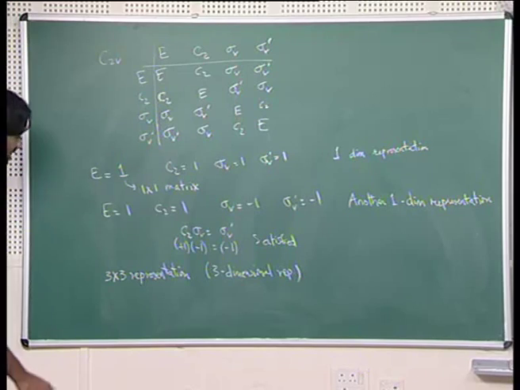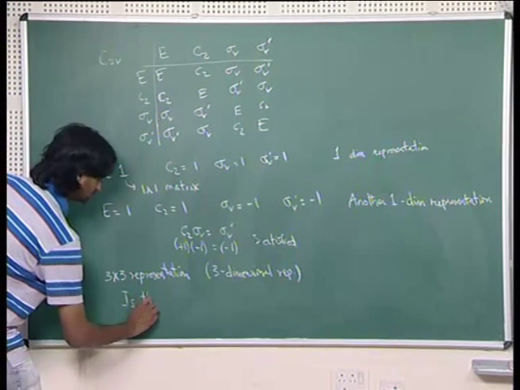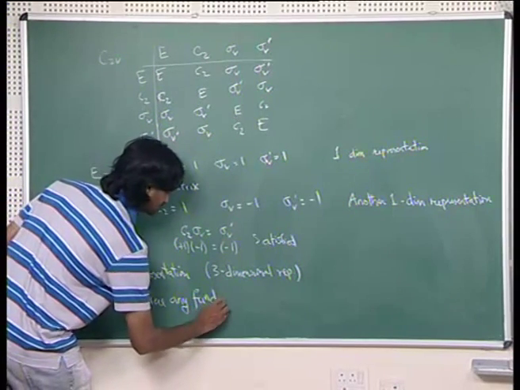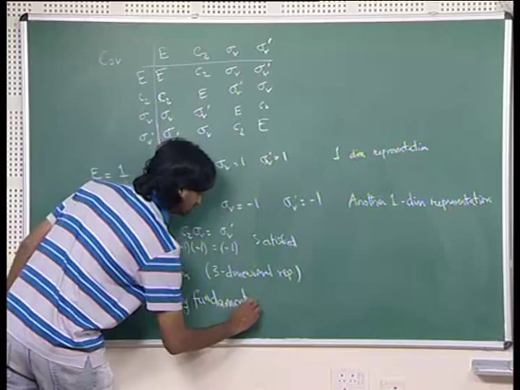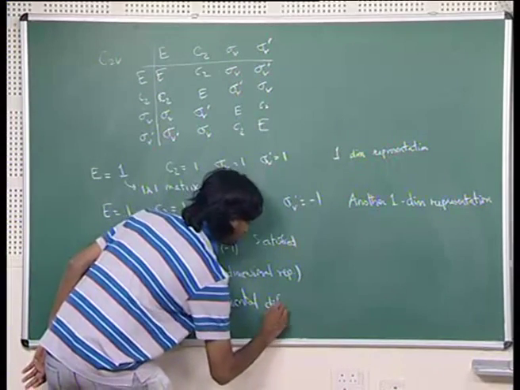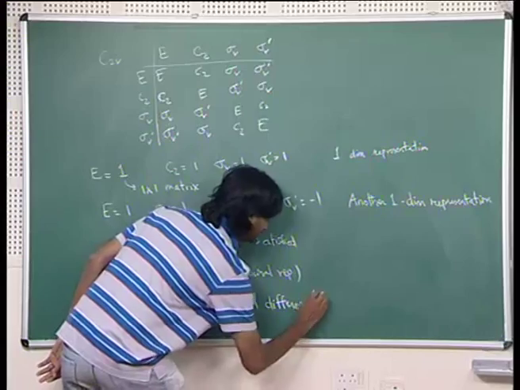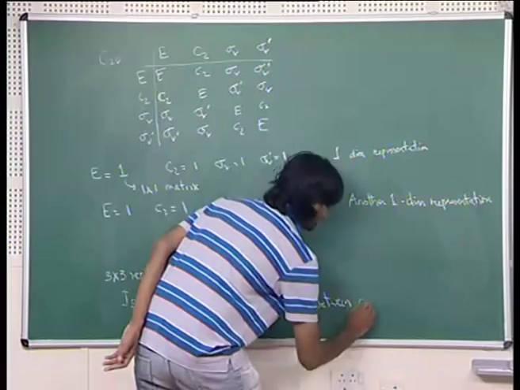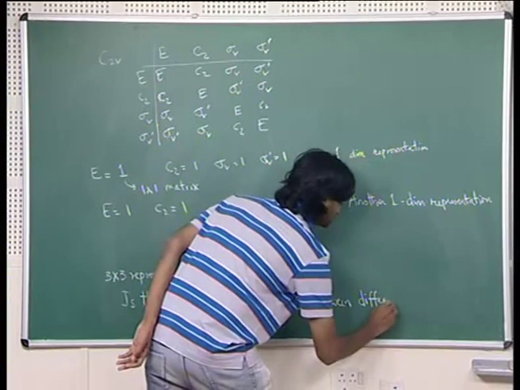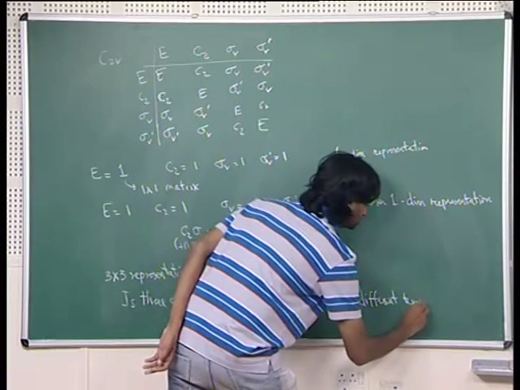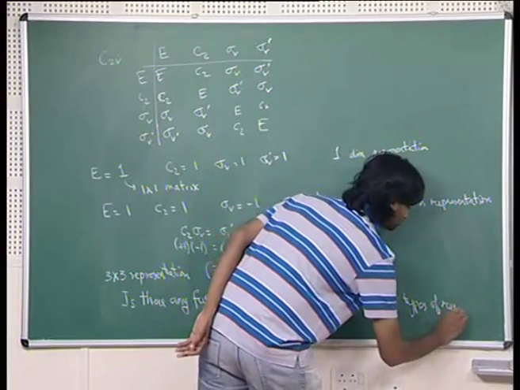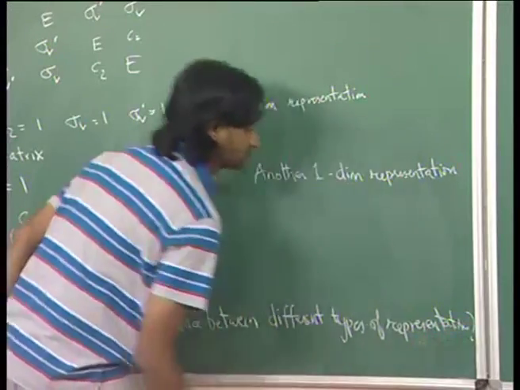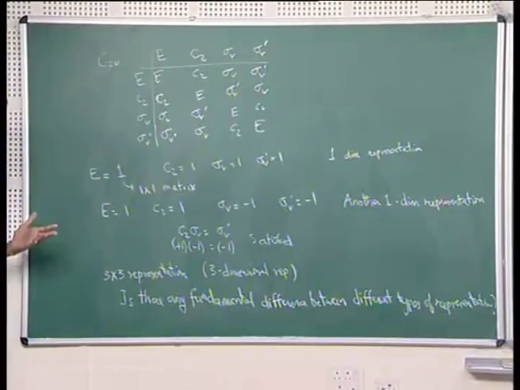Is there any fundamental difference between different types of representations?